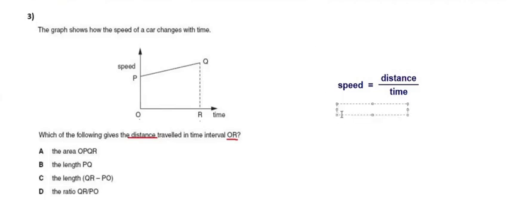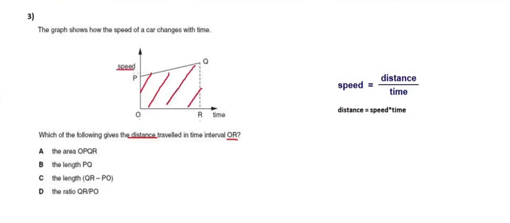From this formula we can say distance is nothing but speed into time. And always remember, whenever there is a speed time graph, the area under the curve is nothing but the product of x and y.